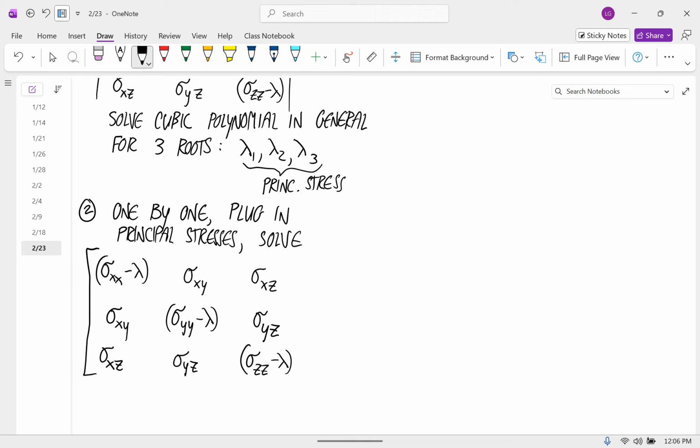We're going to take that matrix, multiply it by nx, ny, nz, and set it equal to the 0 vector.